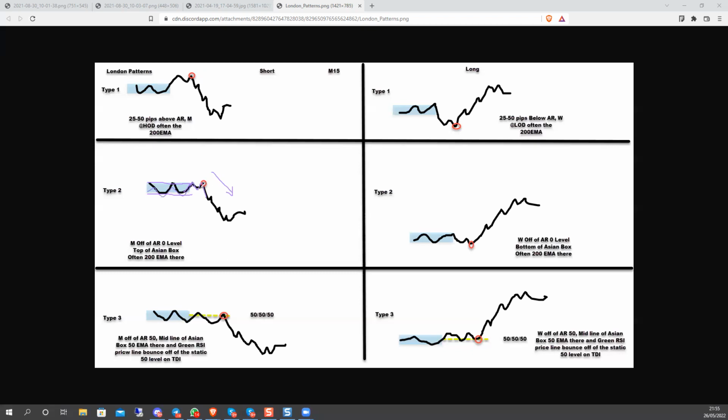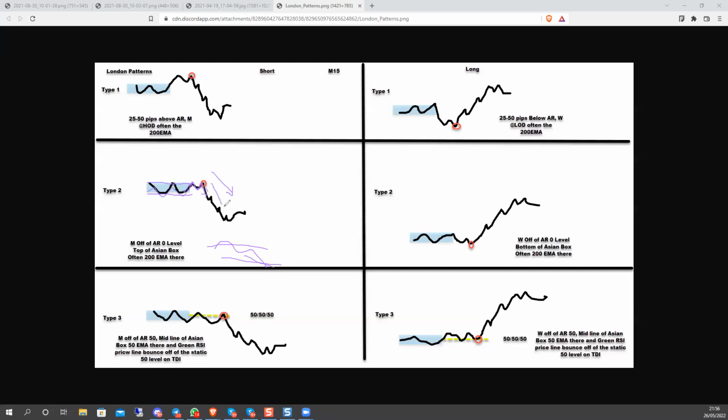M pattern off AR0, then TDI, first leg out the band, second leg in the band, cross the market baseline and cross the signal line. So close beneath the 13 EMA and maybe a shift candle or a pattern here.